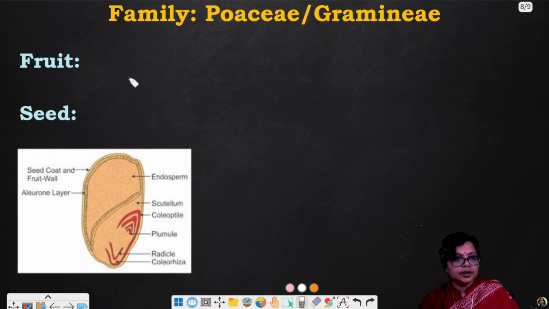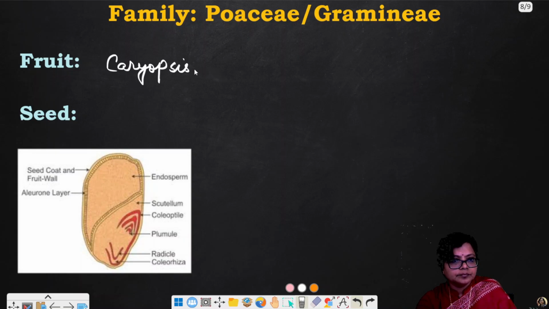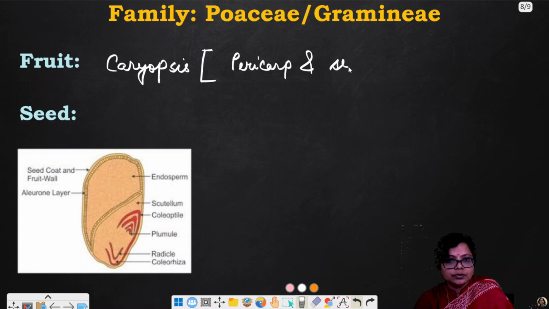Fruit. In this member, we observe caryopsis type of fruit, where pericarp and the seed coat are fused.